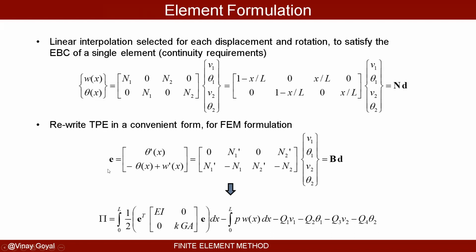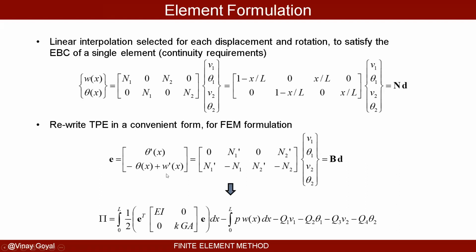So again, I wrote E bold to be this. Notice how theta prime is N1 prime here and N2 prime there. You can see that there, theta of x is N1 times theta 1 plus N2 times theta 2. So theta prime is N1 prime times theta 1 and N2 prime times theta 2. And you can see I'm getting that.